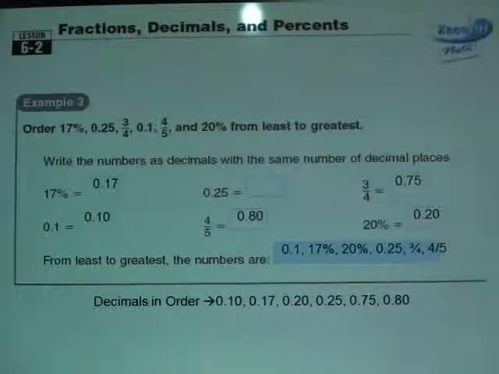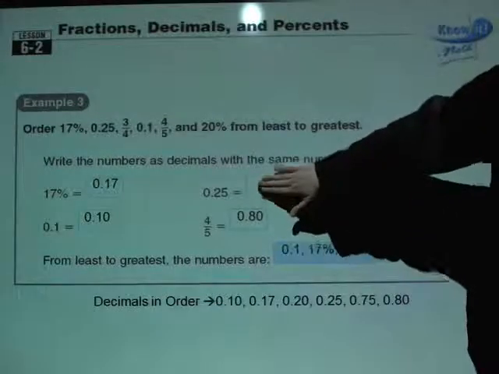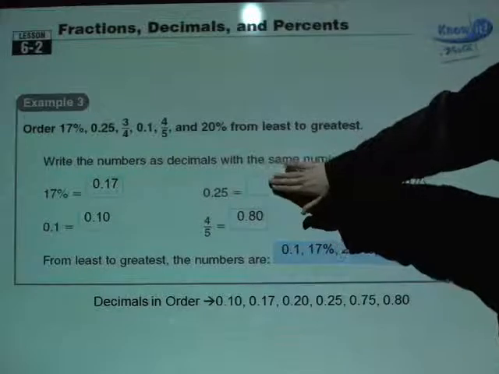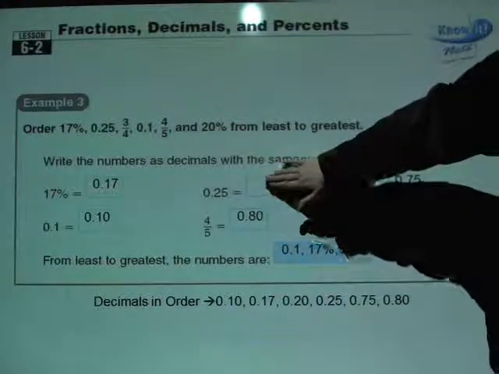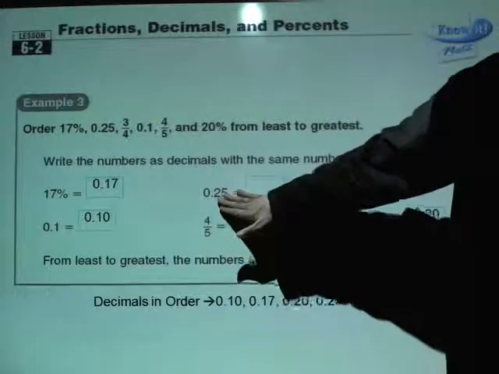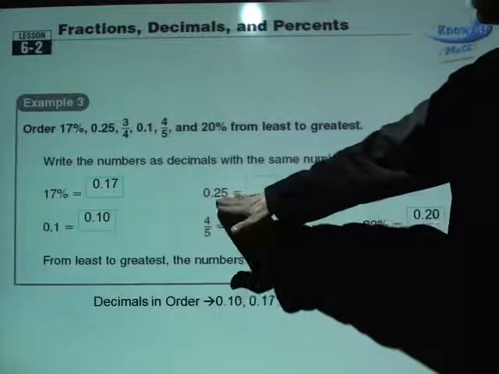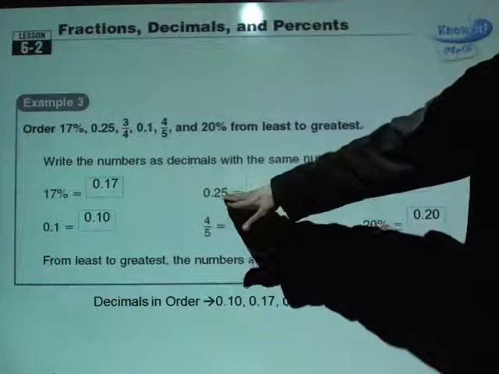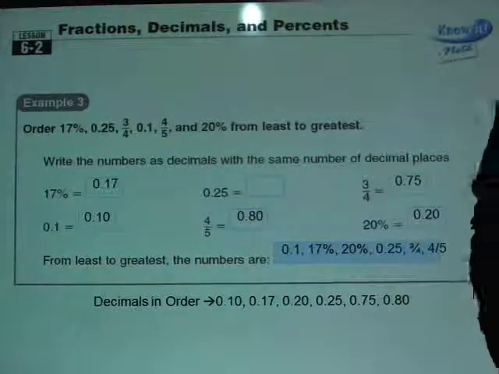As you can see, the one thing that got left blank is 0.25, and there's a reason for that. 0.25 is in an ideal setup here in that it's already a decimal, so I didn't have to change it, and it also has place values that go out to the hundredths place, 2 things after the decimal.